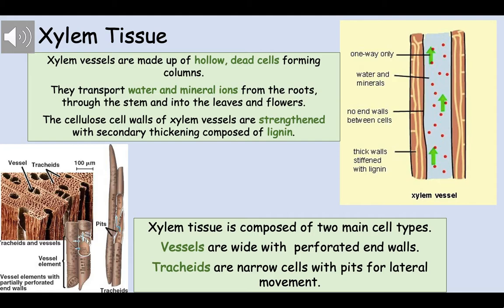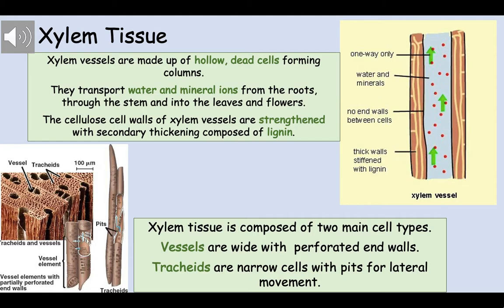However, it's actually mostly made up of hollow and dead cells that form columns. On the right hand side of the screen, you can see the diagram of how that works, and on the left hand side of the screen, you can see a transect image using an electron microscope of what these look like.